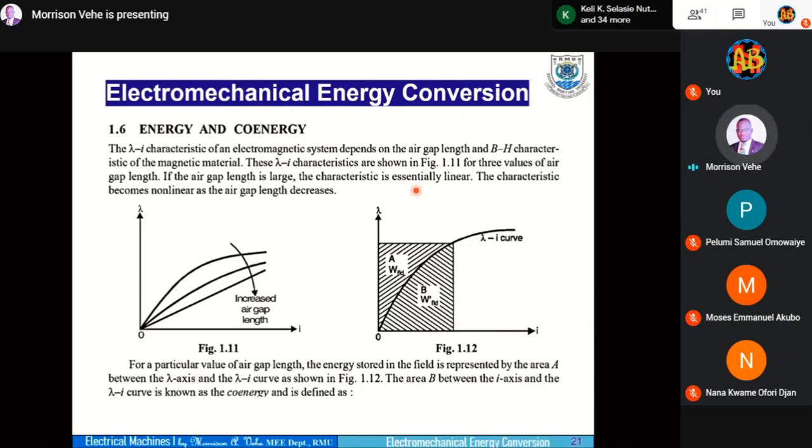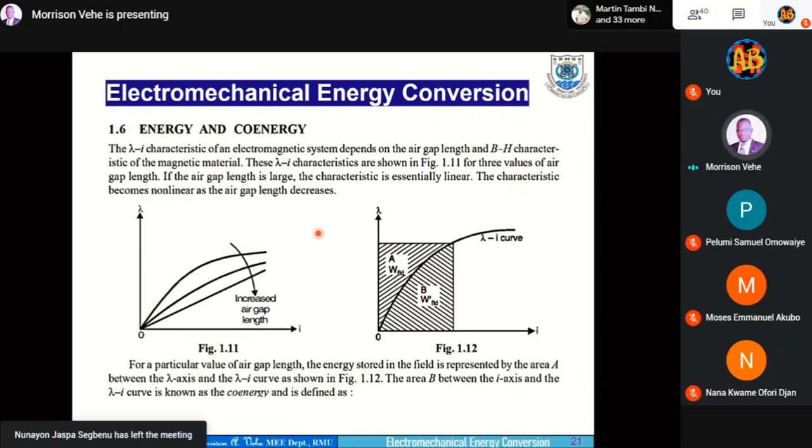Now, if we take an increasing air gap length vertically for these three values of air gap lengths, which of them do you say is linear and why?